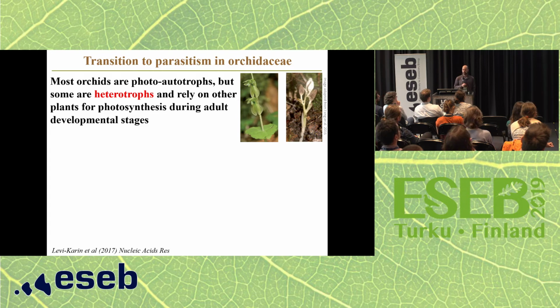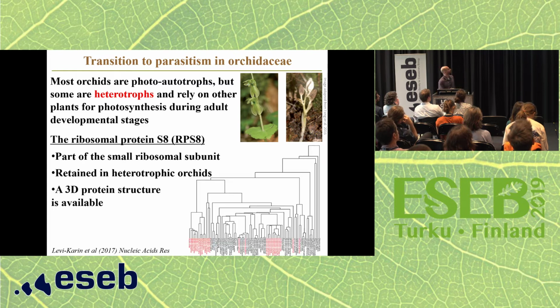So again, just for an example, we studied orchids, where some of them are photoautotrophs, able to do photosynthesis, and in some other cases, the plants are parasites and depend on other plants for photosynthesis. So in this case, we study a specific protein, the ribosomal protein S8.